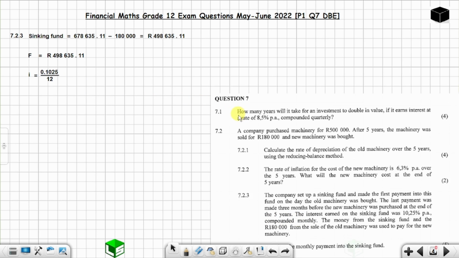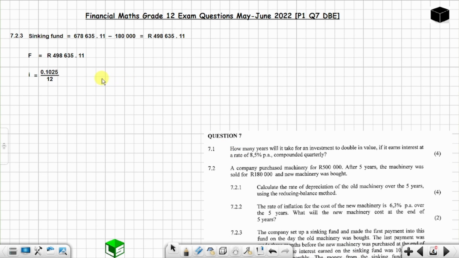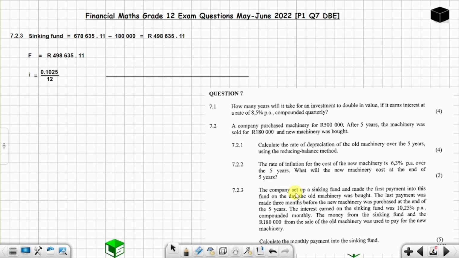Now we are going to draw a timeline so that we can have an idea of what is happening. Always try to draw a timeline. When you read the question, the company set up a sinking fund and made the first payment into this fund on the day the old machinery was bought.